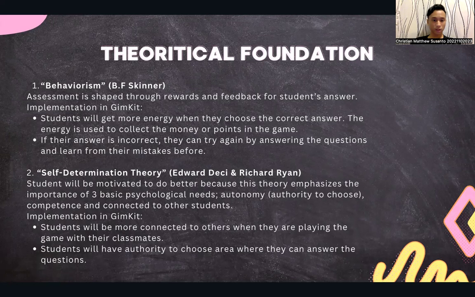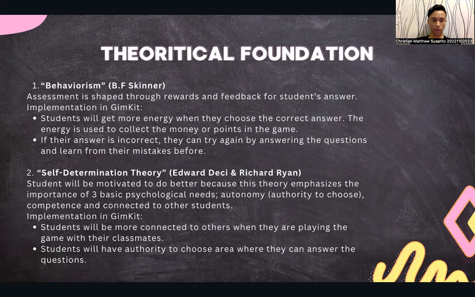The second theory is self-determination theory. It's founded by Edward Deci and Richard Ryan. It says that students will be motivated to do better because this theory emphasizes the importance of three basic psychological needs. The first is autonomy or authority to choose.